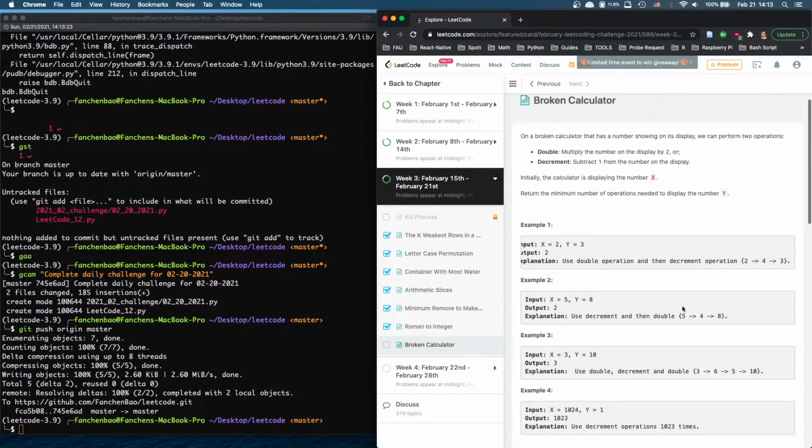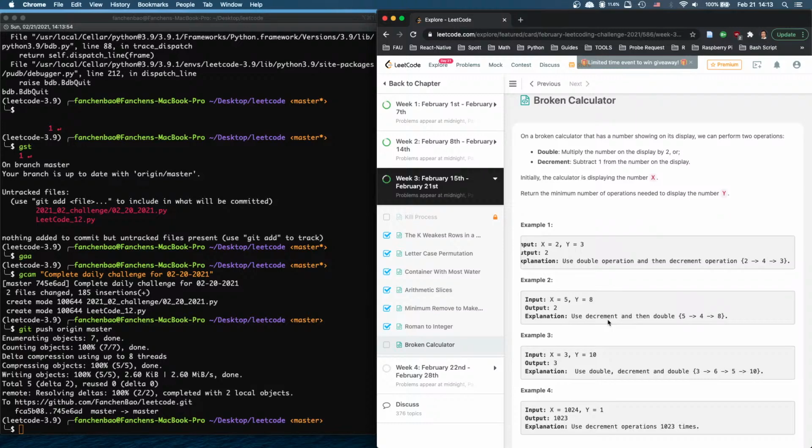Now, when x is smaller, that's when we have to think. From an analytic point of view, if I double it and it's still smaller, I need to double it first. So I just keep doubling until it's bigger.